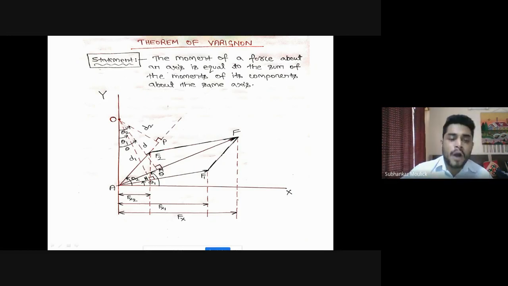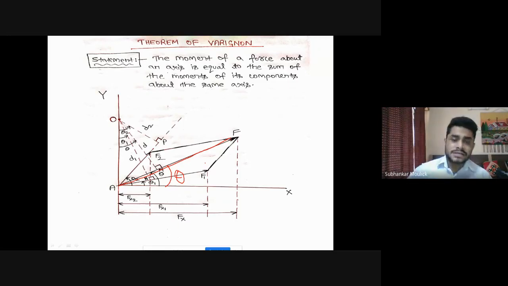From point A a force F is acting, making an angle theta with respect to the x-axis.